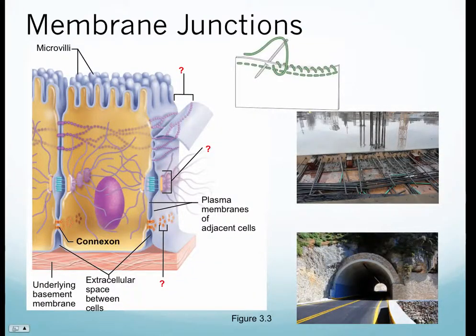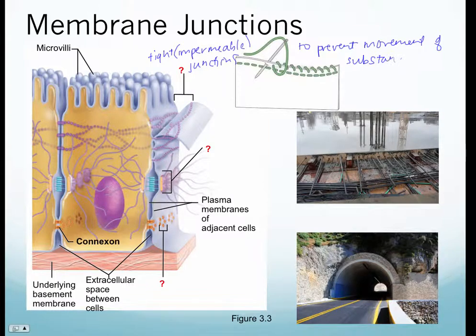The first type of membrane junction we have are tight or impermeable junctions. And the function of this is to prevent movement of substances between cells.